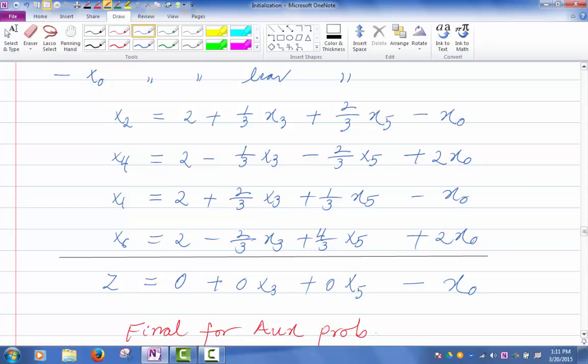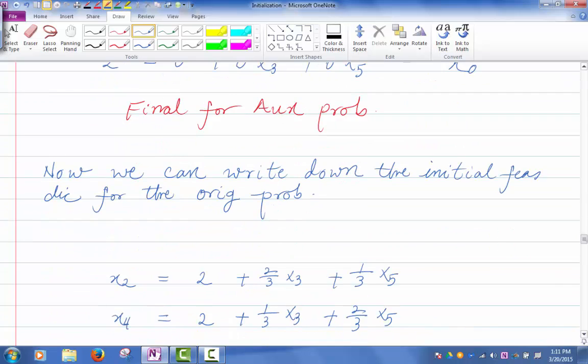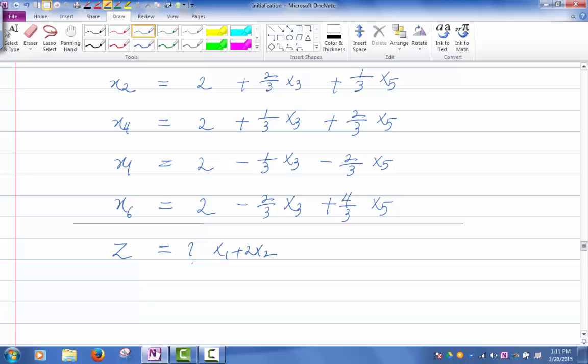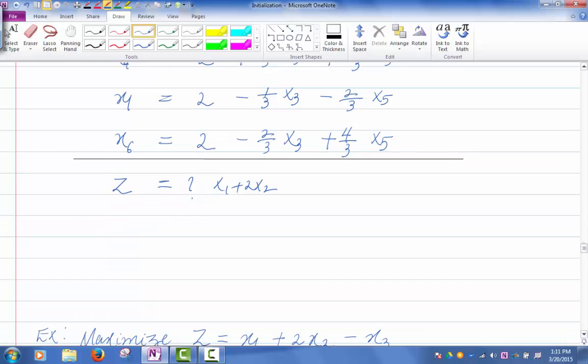So this z here, that's the objective function for the auxiliary problem. But the z function for the original problem is different. Remember, the z value for the original problem was this x1 plus 2x2, right?